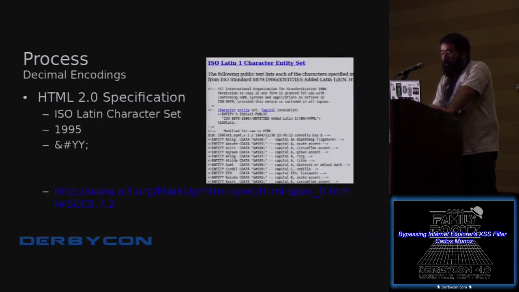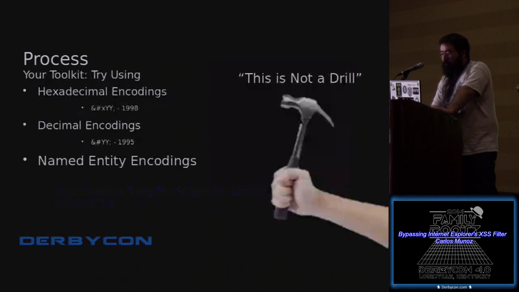Decimal encodings are part of the HTML 2.0 specification back in 1995, that's ampersand hash, a numeric reference to some character and a semicolon.